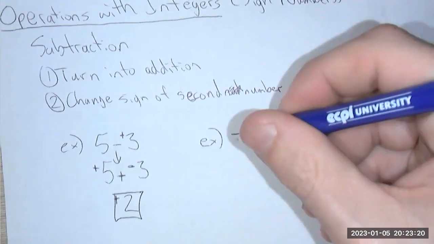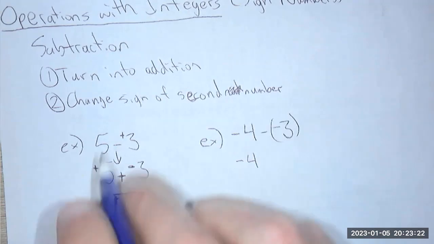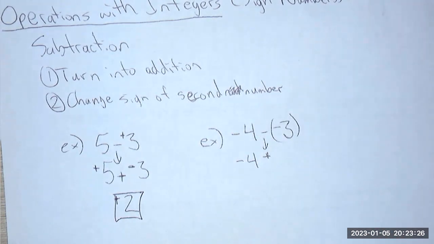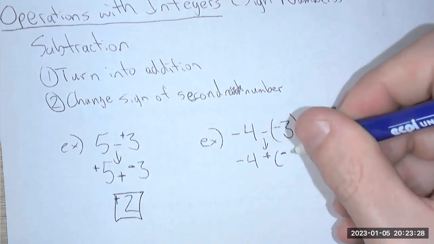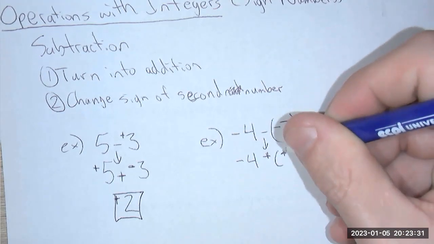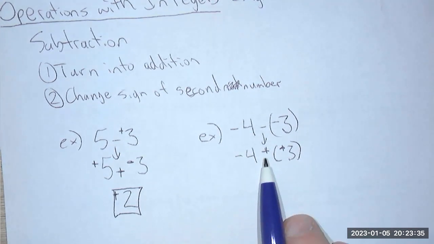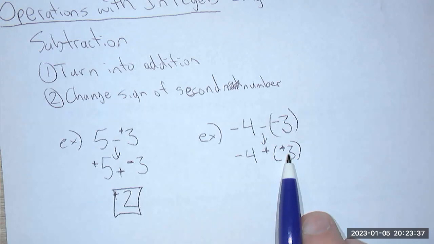Well, now I would say my -4 stays the same. Nothing affects that first number. I'm going to change this to addition of the opposite number. So I'm going to change that to addition of +3. That means that if I owe $4, now I'm making $3.